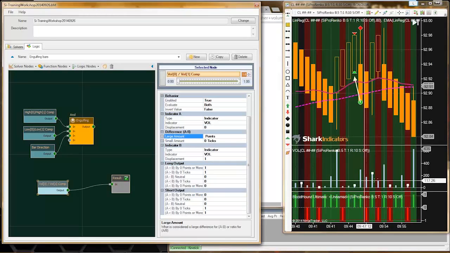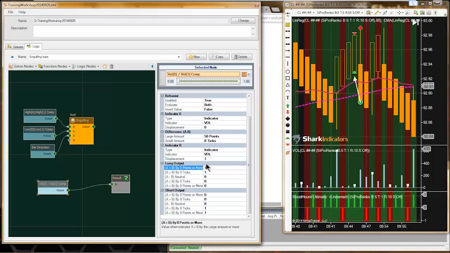Let's see, this is oil. If we're looking at our volume that's on the chart right now, it's going up above 600. So let's say we want the volume to be at least 50 volumes greater.